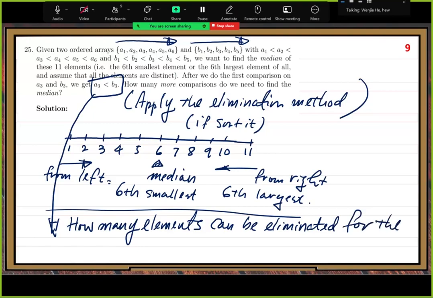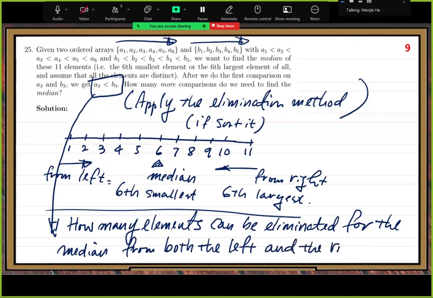Because what is the criterion? If it cannot be the median, then you eliminate it, right? So that's for the median. You look at it from both the left and the right sides, okay?